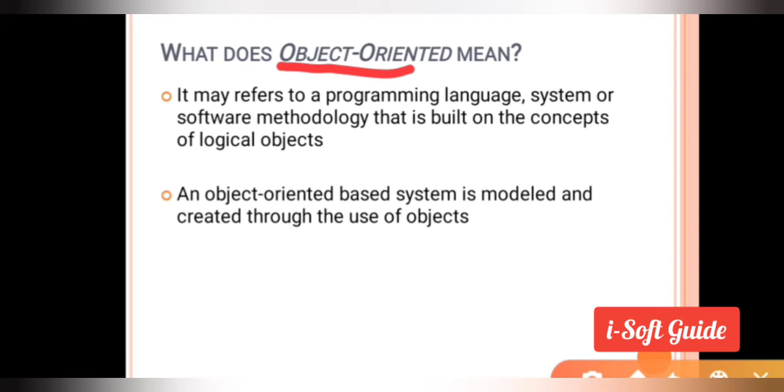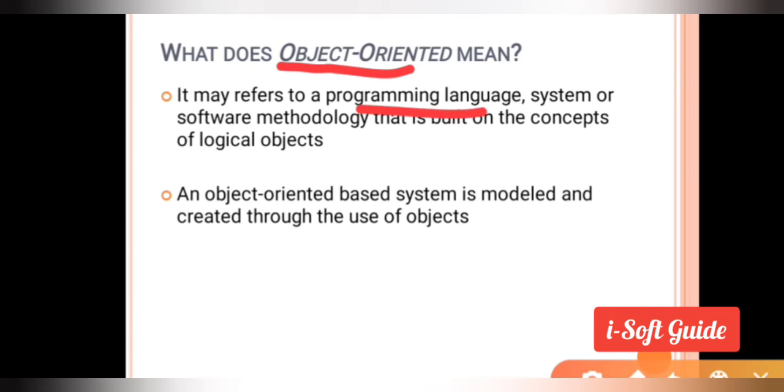objects. For example, if we consider an object oriented programming language, we will focus on classes and objects in that programming language, for example Java. Java is an object oriented language. Object oriented language means it focuses on how the classes and objects will be created for the particular software, and how they are related with each other.